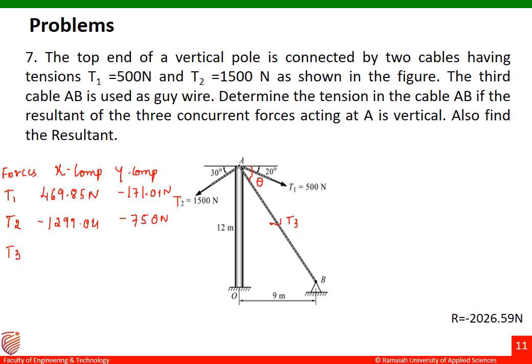I'll take it as F. So it is F cos theta and then minus F sine theta. X is positive and y is negative. So let us add all these together.